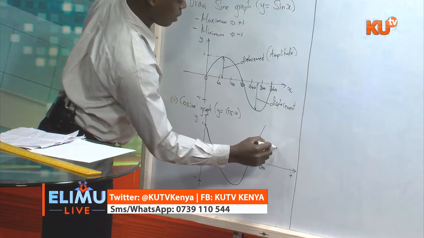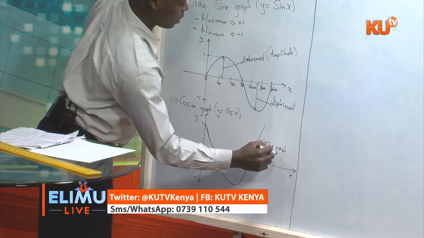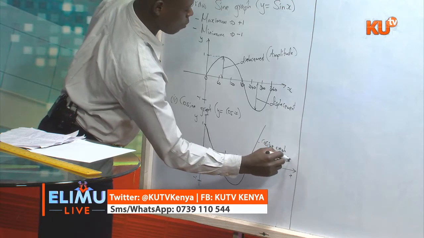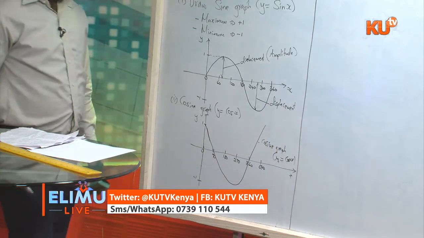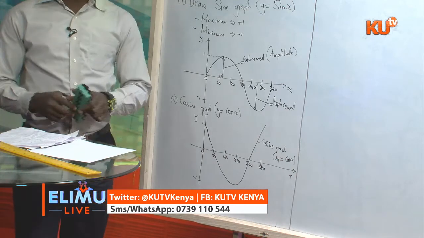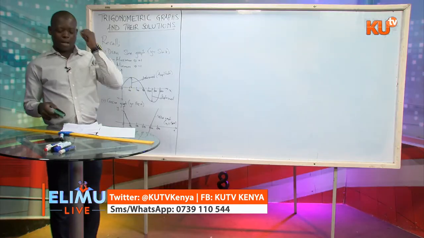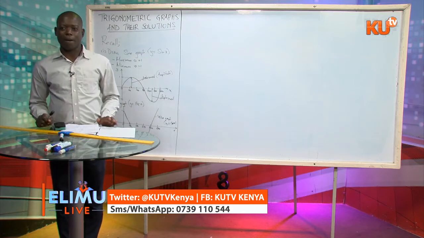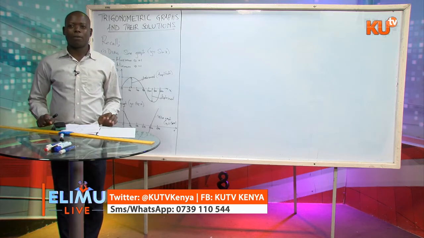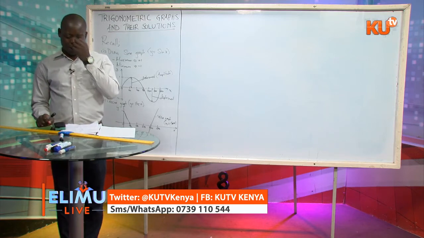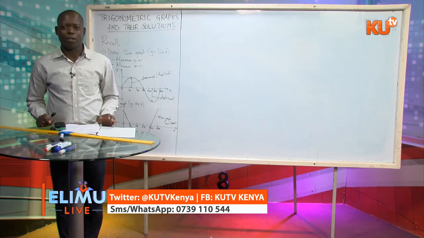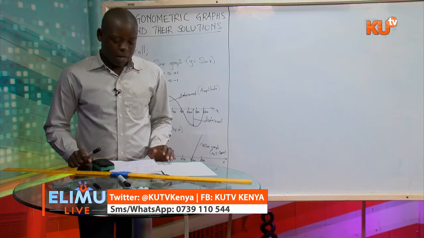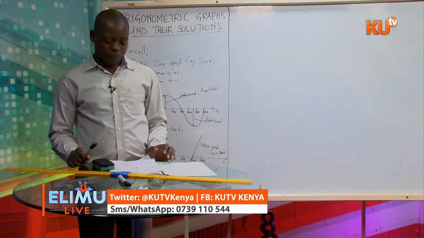In this case, y is equal to cos x. Again, you'll realize that the maximum point is +1, and the minimum point is -1. These are graphs of sine and cosine of x, and they are drawn in Form 3 under Trigonometry 2.